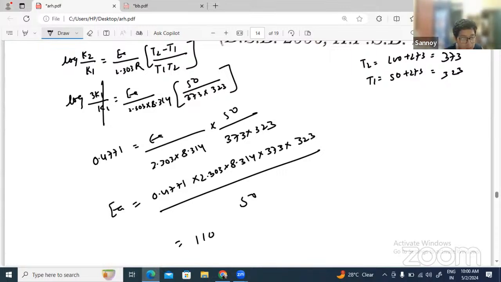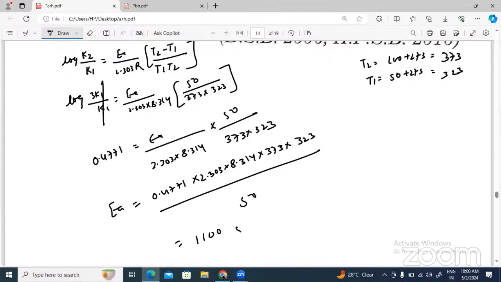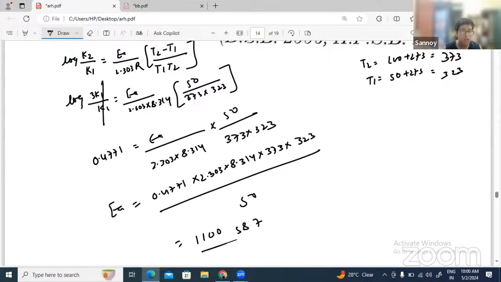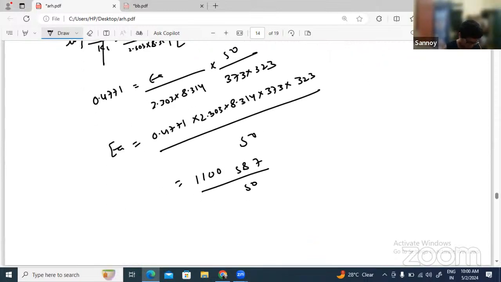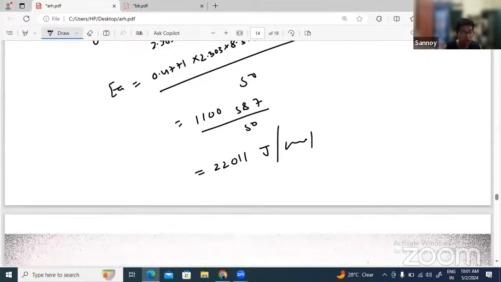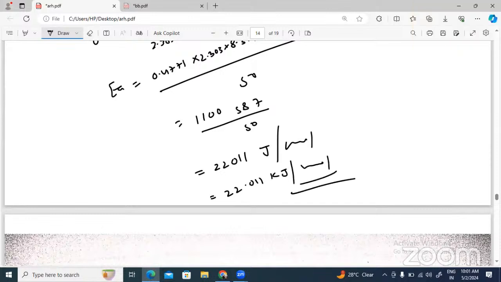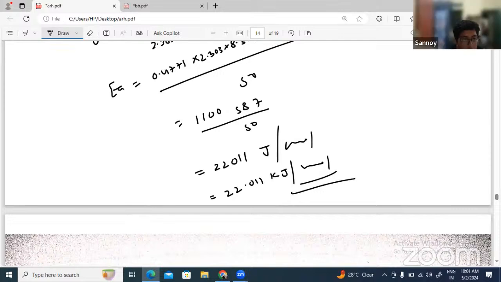Sir, what value do they give for log 3? 0.477. Yes, yes. 0.477 into 373... this one, divided by 2.303 into 250.